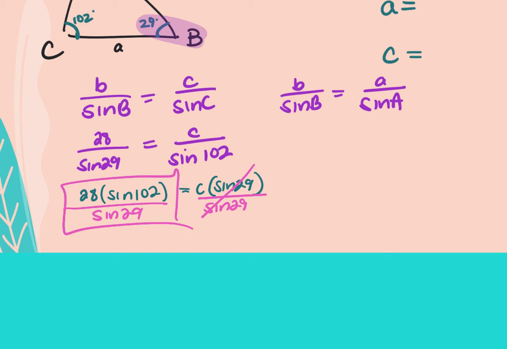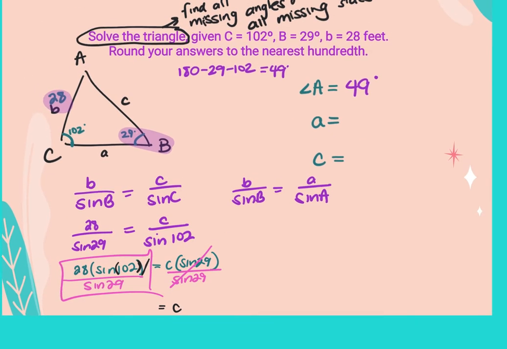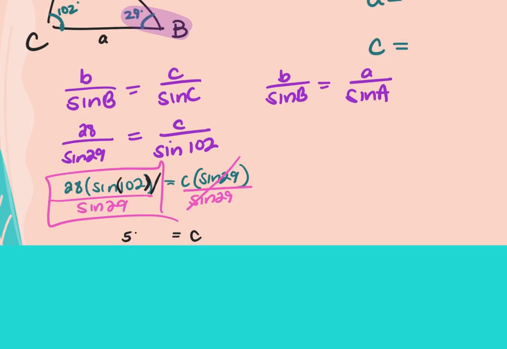Just be careful, because when you hit sine, the parentheses open, so make sure you close them before you hit the divided by symbol. So 28 sine 102, close the parentheses, divided by sine 29. It says round to the nearest hundredth, and I get C is 56.49.